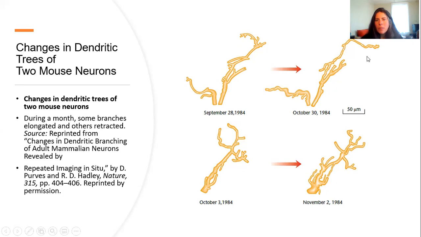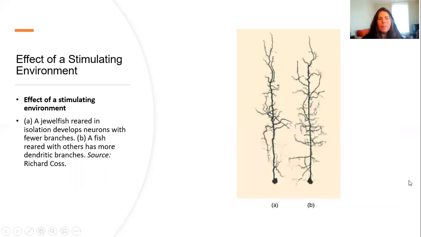So here we can see elongated spines. Here we can see retracted spines. So, an enriched environment will stimulate more neuronal branching than a non-stimulating or an impoverished environment.